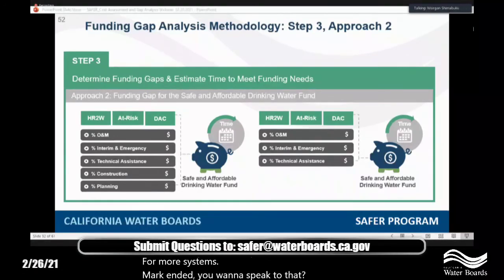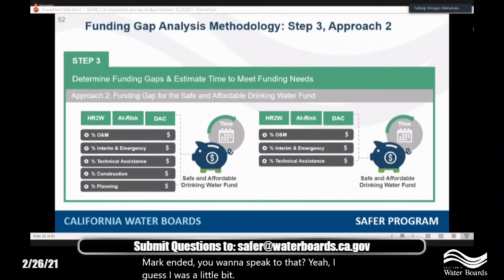Yeah, I guess I was a little bit confused here. Just the numbers caught me. What I see in the gap analysis is that the local cost share is up to $45,000 to $60,000 per connection. But I hear what you're saying.